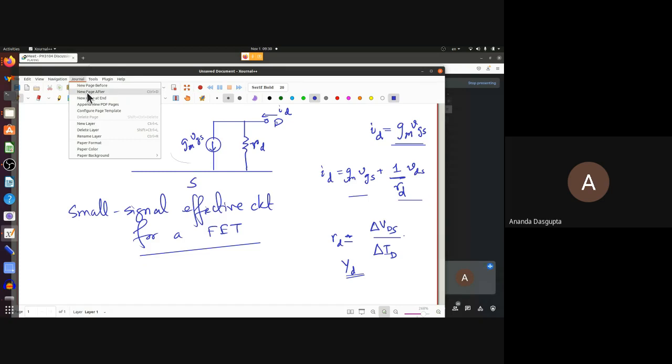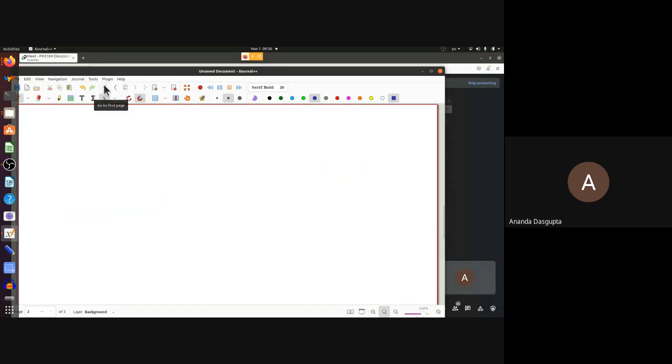Okay, so let's see this in action in some circuits. The first FET circuit that we are going to talk about is a fixed bias amplifier. We have already talked about its biasing in the last discussion class. Let me just remind you what the circuit looks like.